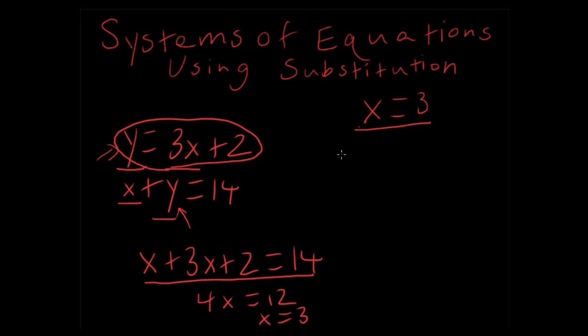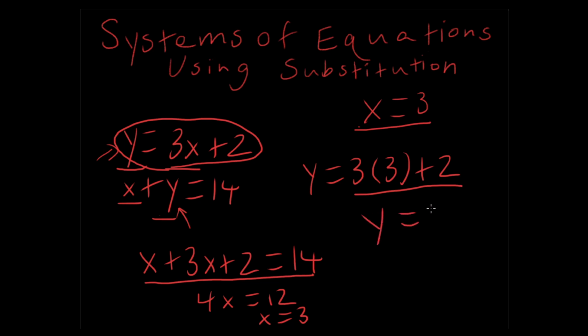You'll get y is equal to 3 times 3 plus 2. If you multiply and add, you'll get y is equal to 11. So the answer to this system of equations is y equals 11 and x equals 3.